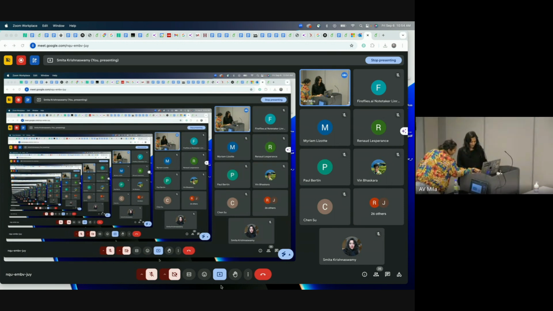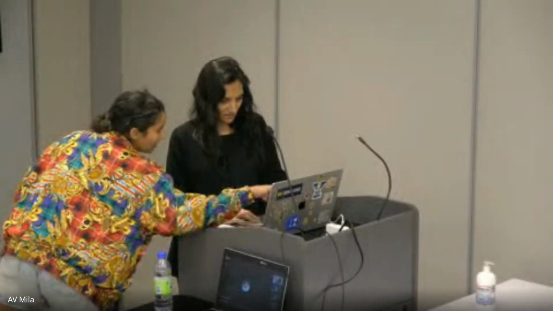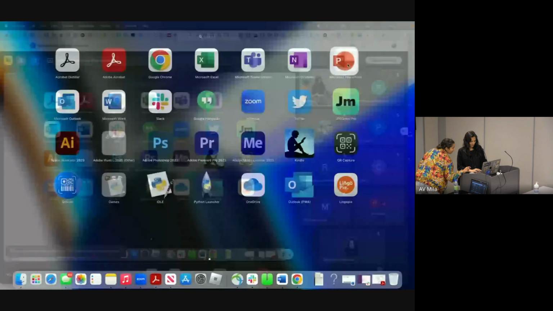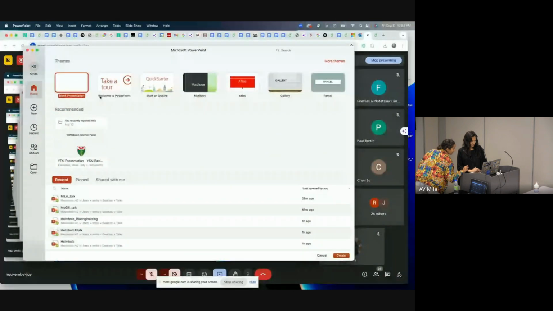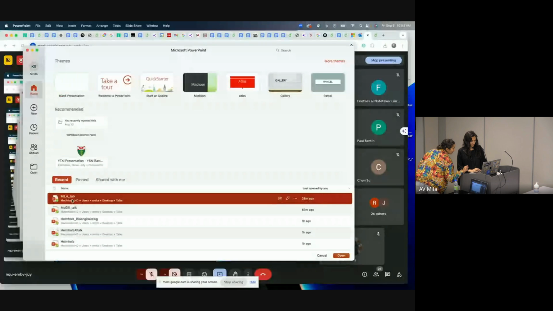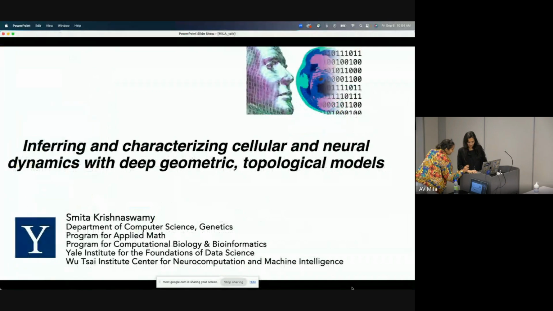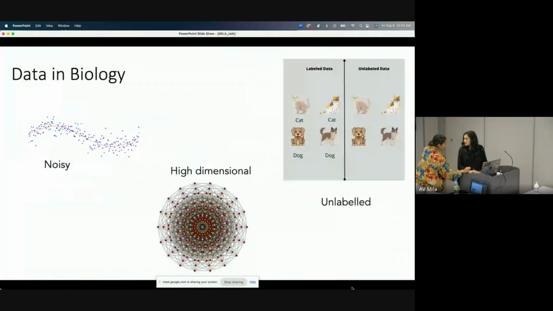Didn't I just close it? Stop presenting and present the entire screen again. Okay, so you want me to present the whole screen? Yeah, and go back to PowerPoint. Now reopen it. Okay. Now do this mode. Is it okay? Yes. Okay, perfect.